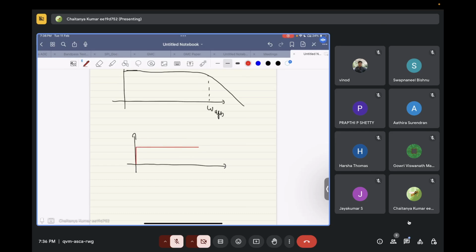the input, wait a second. If the input is this, some V in, the output will look something like this, correct?